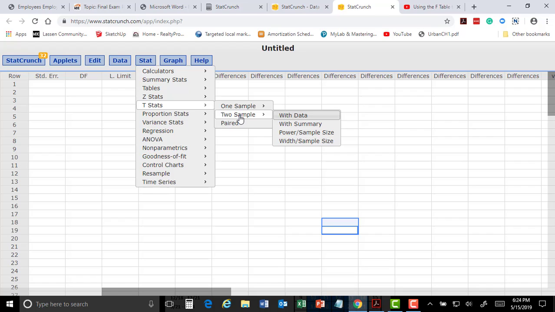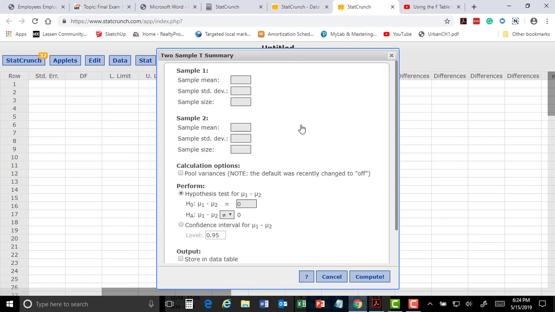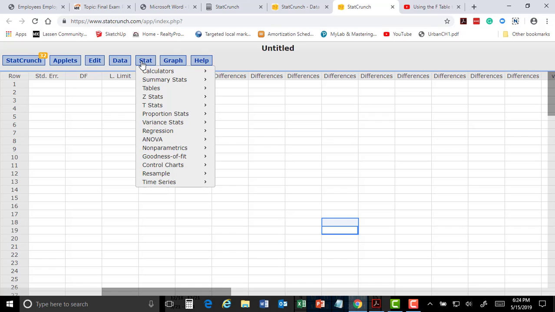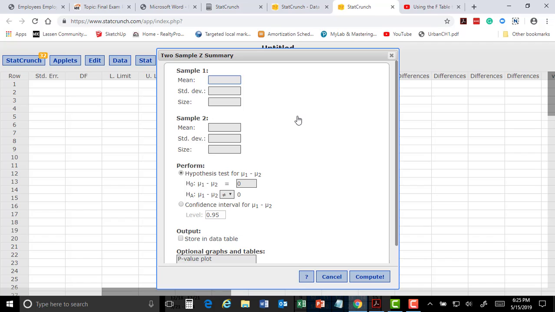Let's say 2 sample. Do we have summary? No, we don't have that. Let's see, stats. 1 sample. Well, it's a 2 sample, isn't it? What am I doing? It's 2 sample. No, I don't want that either.